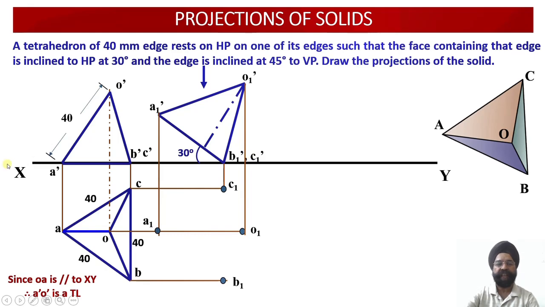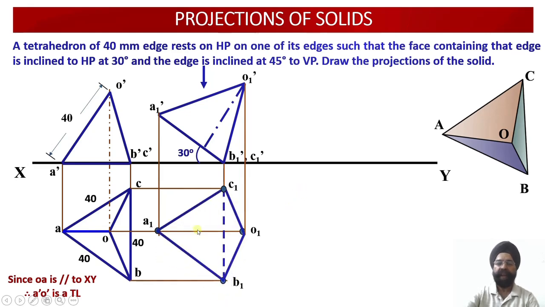And those points which are closest to the XY reference line are also B1 dash and C1 dash. And usually we say that whichever points are farthest away from the observer and closest to the XY reference line, all lines joining them will be drawn dotted. One more condition has to be added: unless those edges are falling in the outer boundary line. So let us first of all join all the lines over here.